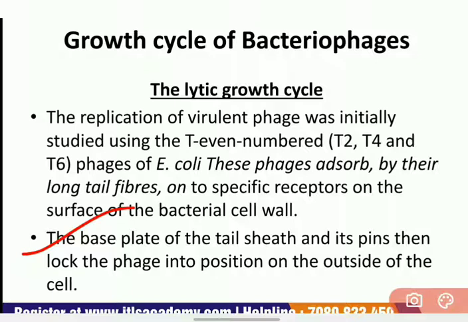At this stage, the tail sheath contracts towards the head while the base plate remains in contact with the cell wall, and as a result, the hollow tail core is exposed and driven through to the cytoplasmic membrane.